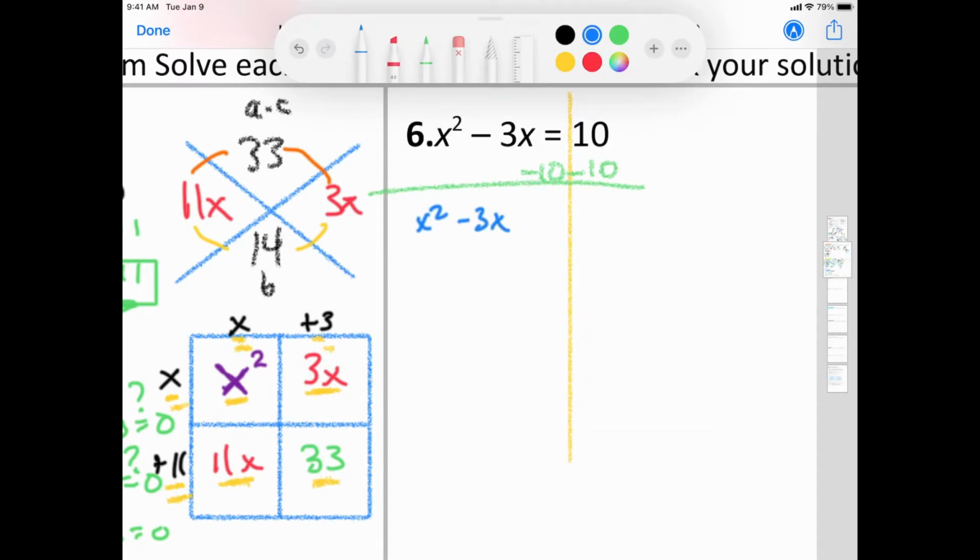X squared minus 3x minus 10 equals 0. You know, your a value is going to be 1. Negative 3, b value, and c negative 10.